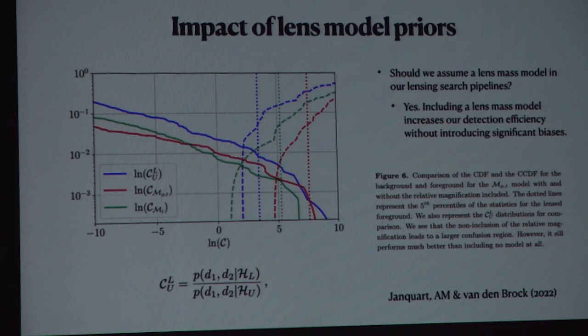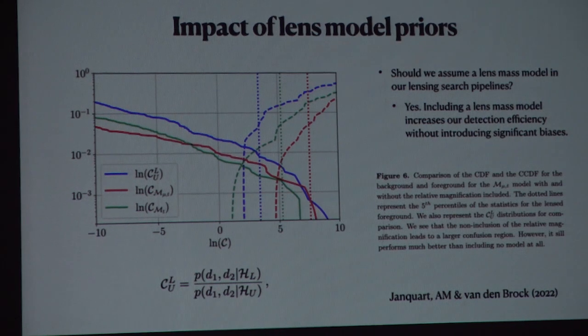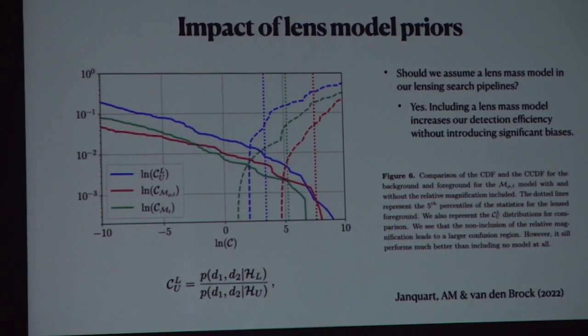Along the same lines, there is another analysis where we have tried to understand what is the impact of making assumptions about certain lens models which allow us to get these joint observables. Because there has been some criticism or some reluctance to assume certain lens models because they might bias what those joint observables will look like.